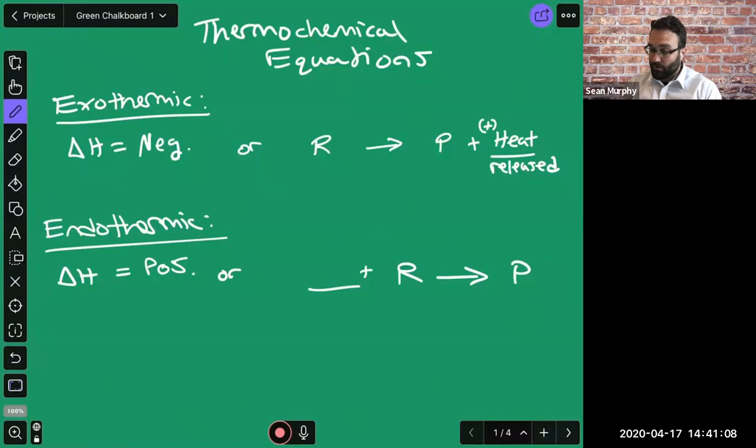So therefore, our heat, in the positive value again, is going to be on the left-hand side. So please remember, just because the heat is positive, if the heat is incorporated in the equation and it's on the product side, it's going to be exothermic. If the heat is on the reactant side inside the formula, it's going to be endothermic.